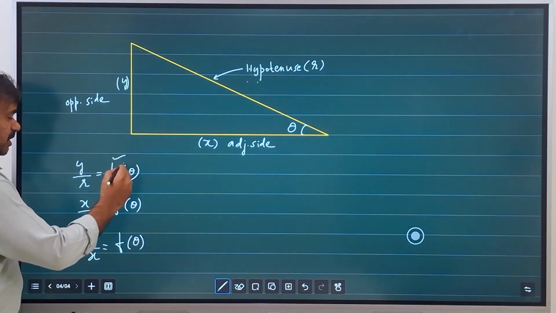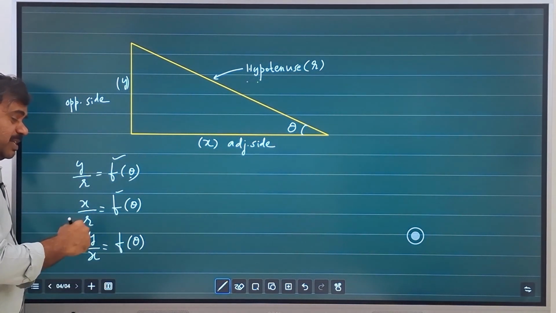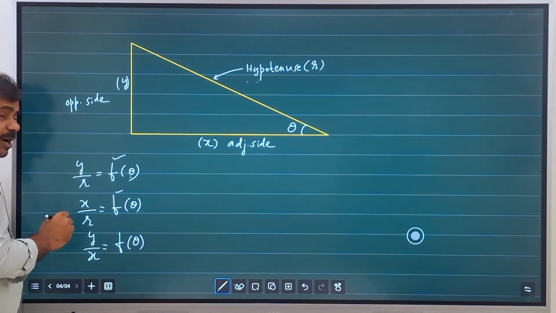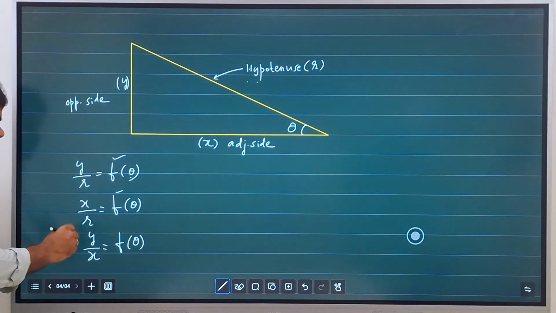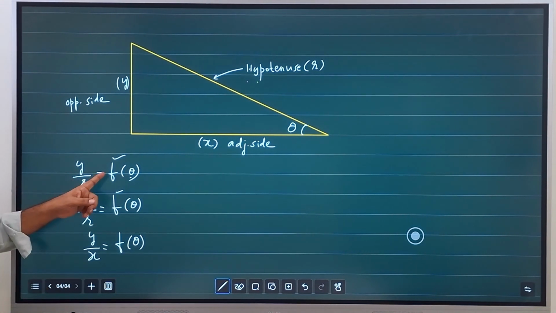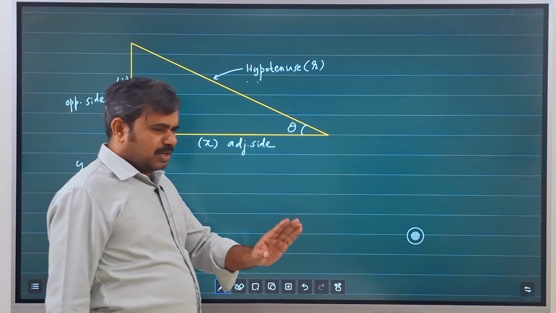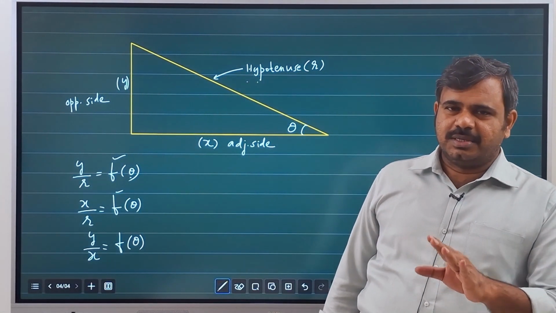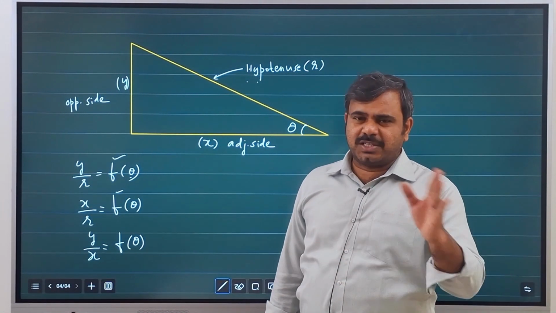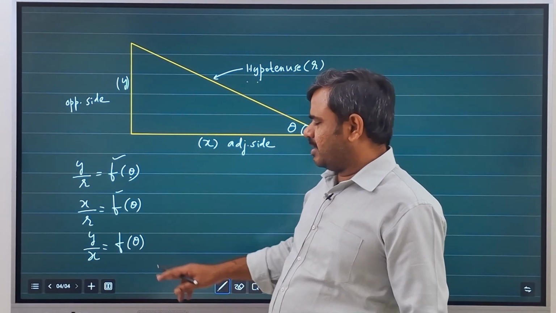These are different functions. When theta is changing, y by r changes differently from how x by r changes, and y by x changes differently from how x by r changes. So these are different functions. The dependence of y by r on theta is different from the dependence of x by r on theta, is different from the dependence of y by x on theta.